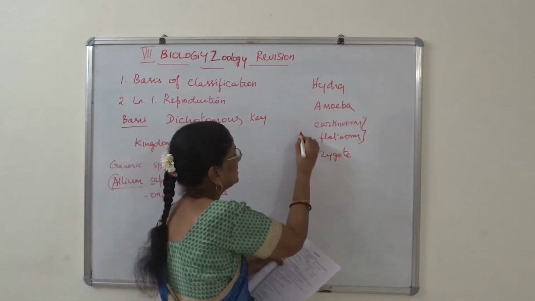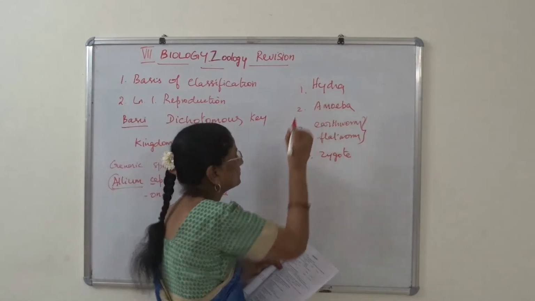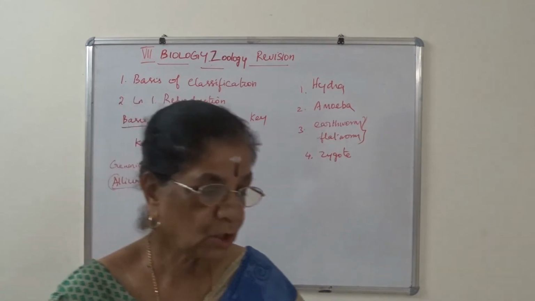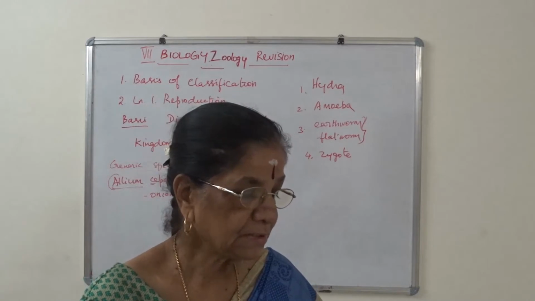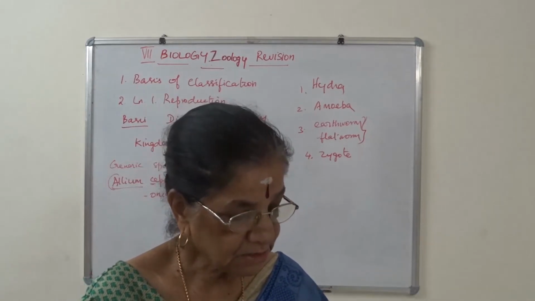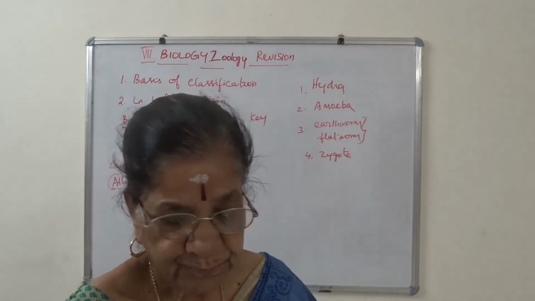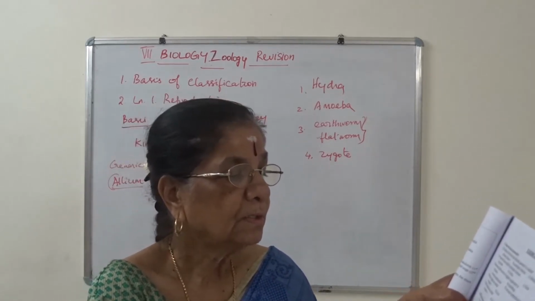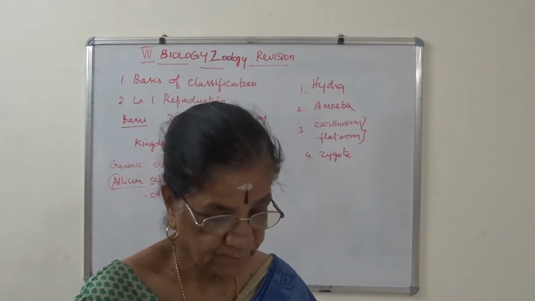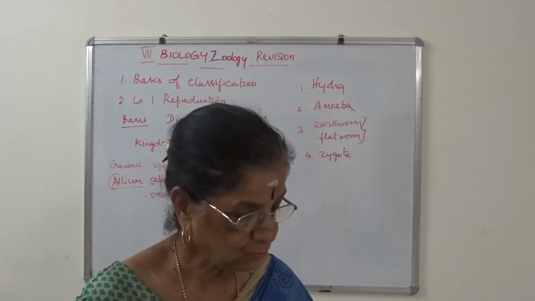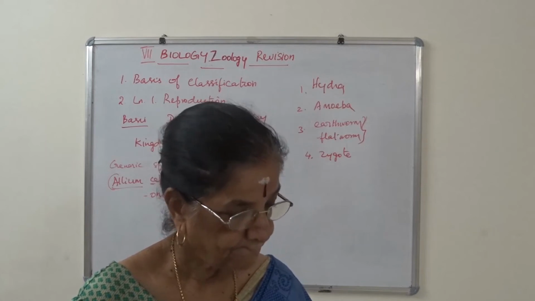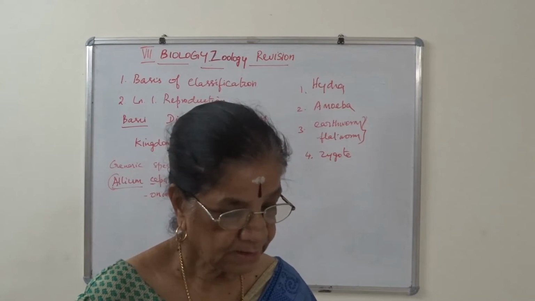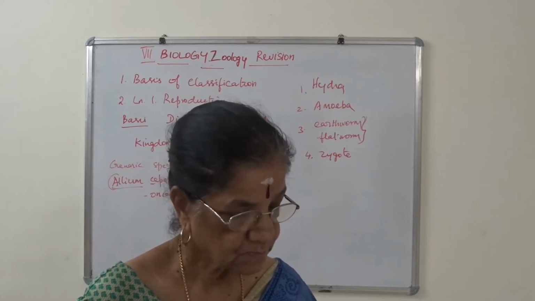Fourth one. So the male and female gametes fuse to form a single cell called zygote. The breeding season of housefly is from March to October. Then a female housefly lays eggs.